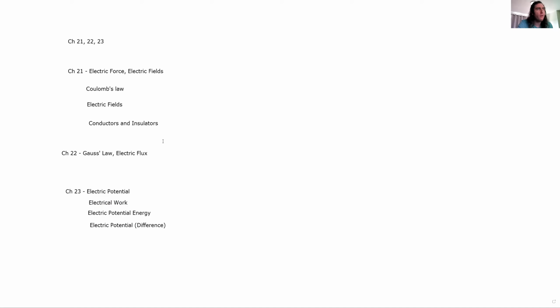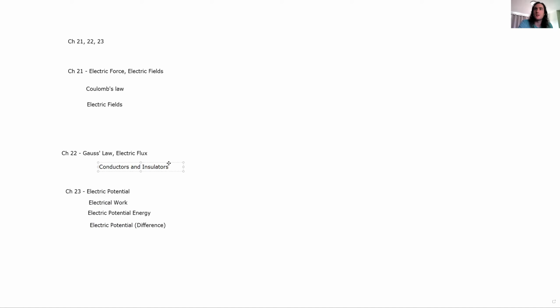Again, in all 3 of these chapters, this idea of conductors and insulators is present. So this idea of conductors and insulators really falls under chapter 22 and chapter 23, right? We're always looking at conductors and insulators.